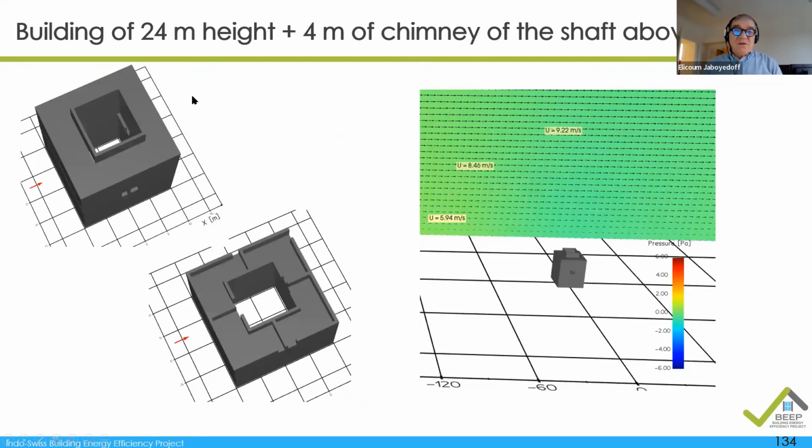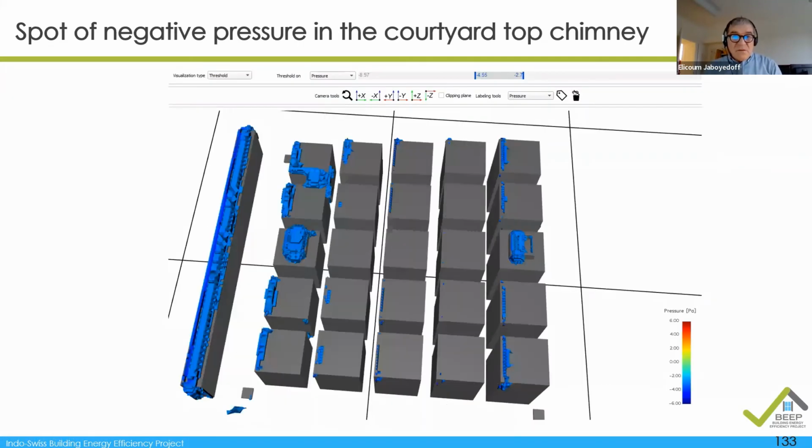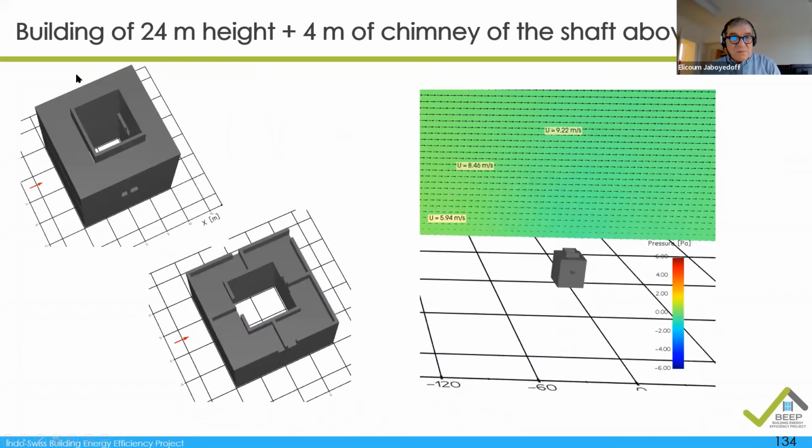So now we go down to the building level with the simulation. Coming from this building block approach, we go now to the building level and see a building with a courtyard like this and one floor where we consider internal flow.